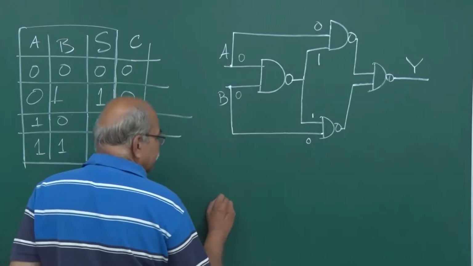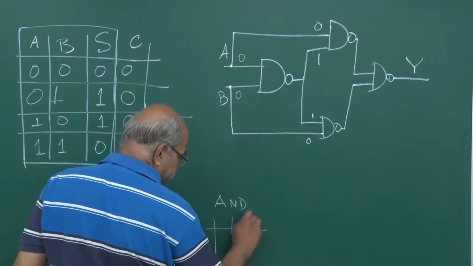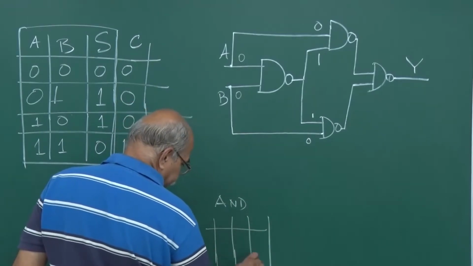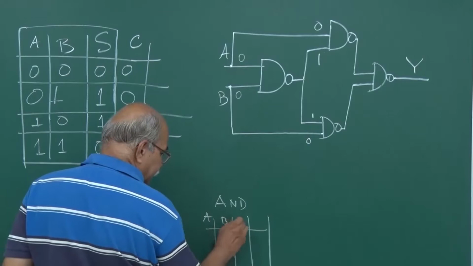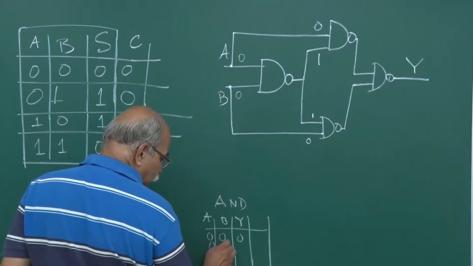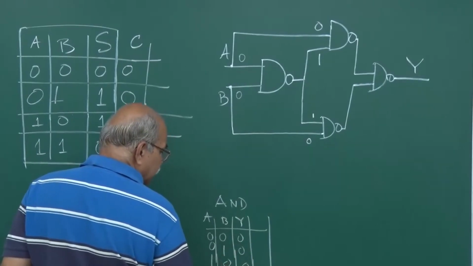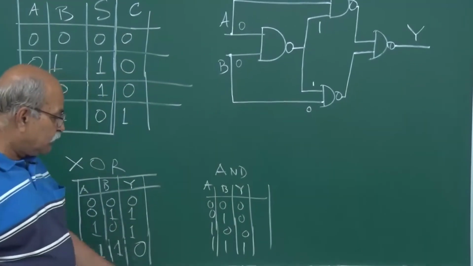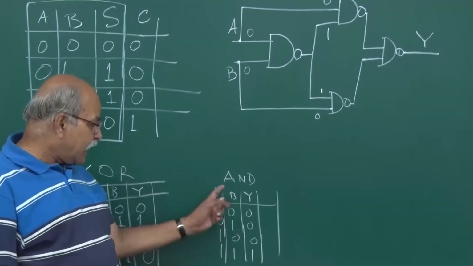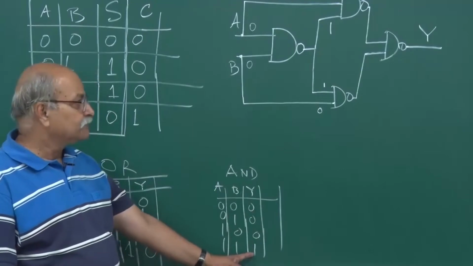For ready reference, if you want I can write the truth table. A, B, Y. 0 0 gives me 0, 0 1 gives me 0, 1 0 gives me 0, 1 1 gives me 1. This is AND. Only if both of them, A and B, are high, then the output is high.